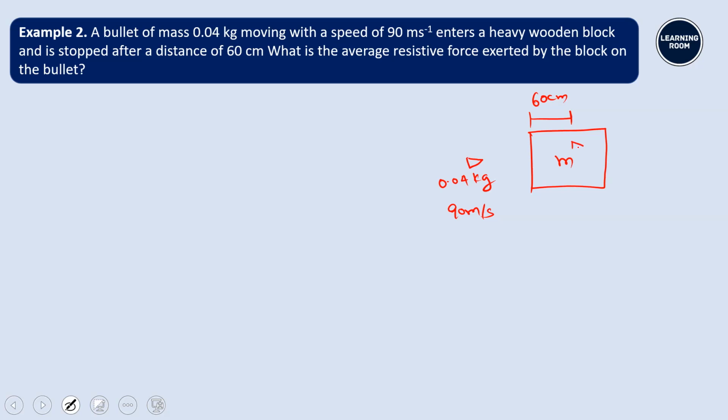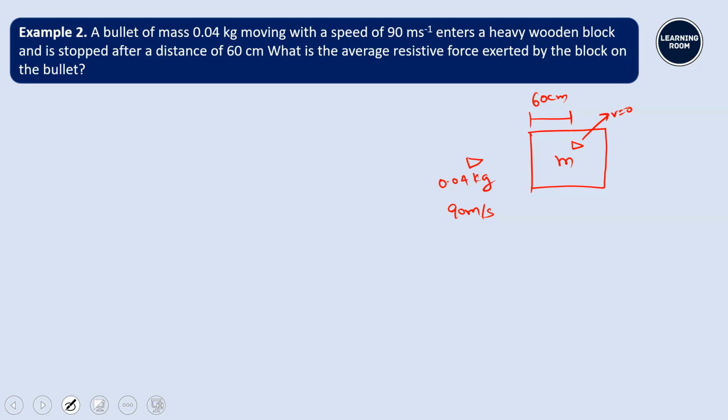And at this point, it is coming to rest. So at this point, the velocity of the object is 0. So by the time it started entering this distance of 60 centimeters, it started experiencing a resistance. And that value is what they are asking.